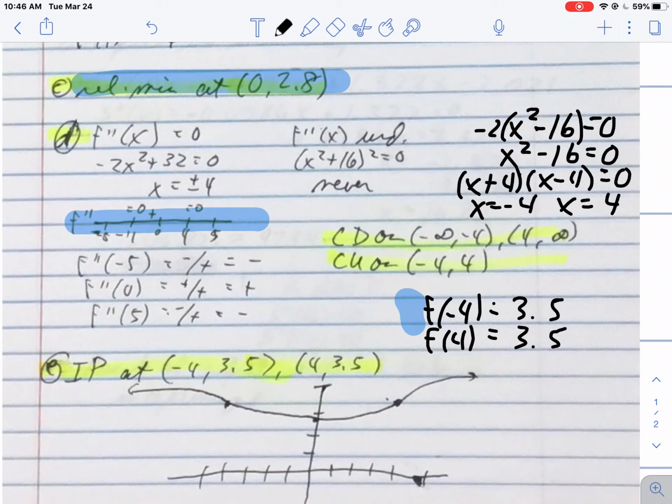So here's a graph that is decreasing on that interval, but also notice we're changing concavity here at -4 from concave down to concave up. And then at 0, we changed from decreasing to increasing on the interval from 0 to infinity. And again, we had to change concavity at 4 from concave up to concave down, right?